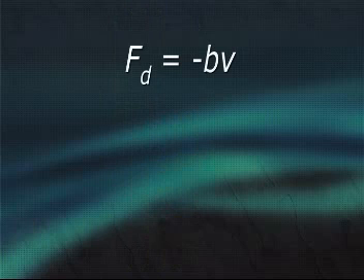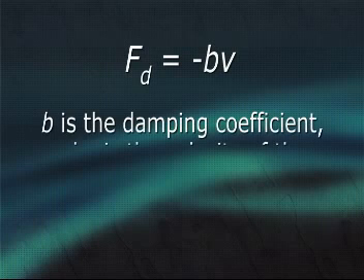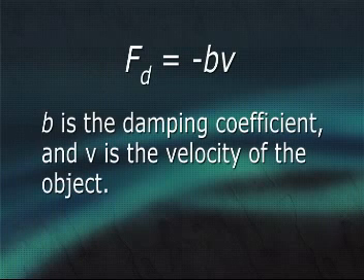The damping force is directly proportionate but opposite to the velocity, as we can see in this equation. Here, B is the damping coefficient and V is the velocity of the object.